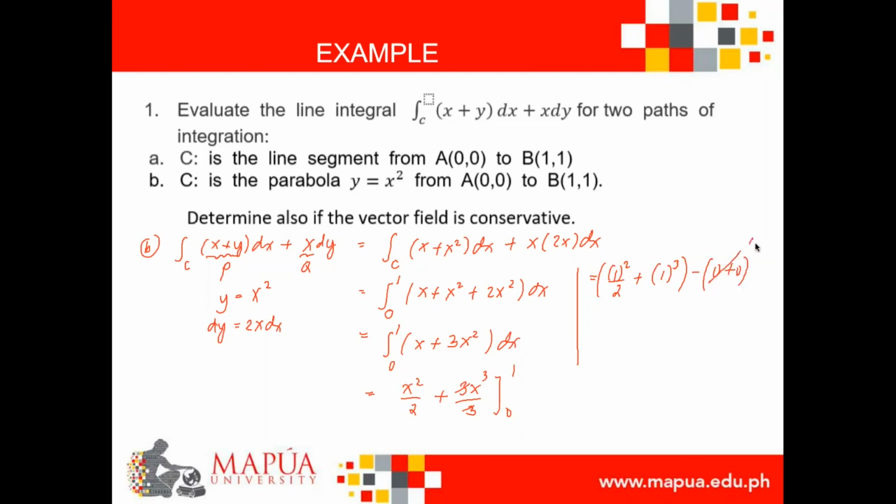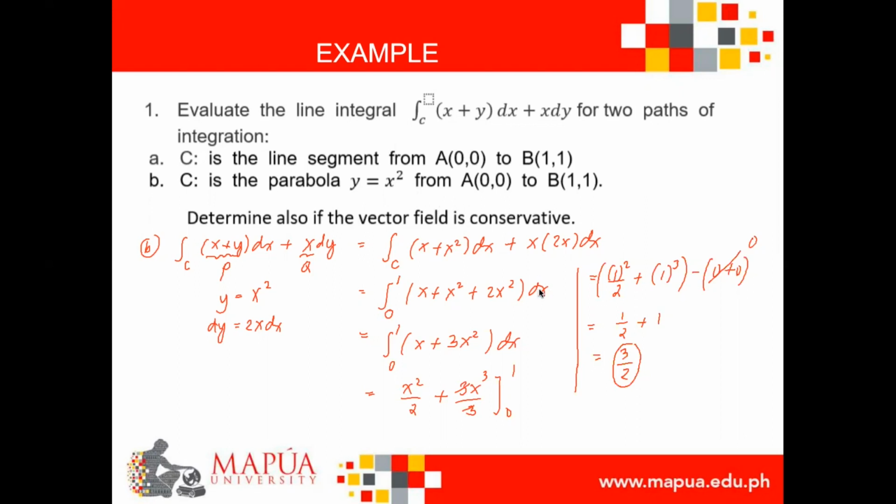So this gives us 0. When we simplify further, this is 1/2 plus 1, which will give us 3 over 2. Observe that the value we obtained in both A and B is equal to 3/2.